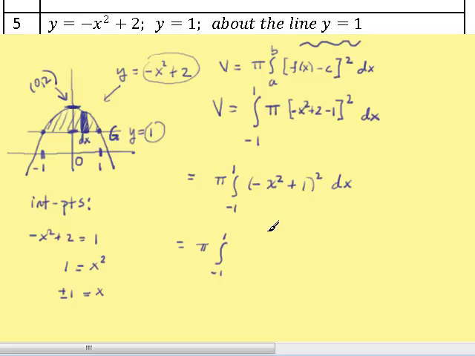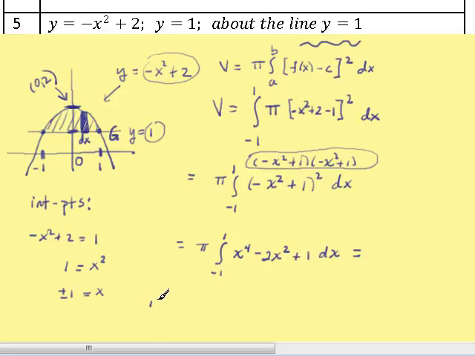We're multiplying minus x squared plus 1 times minus x squared plus 1. This times this is plus x to the 4th. Then we have these middle terms, a minus x squared and a minus x squared. That's minus 2x squared. And then 1 times 1 is plus 1.